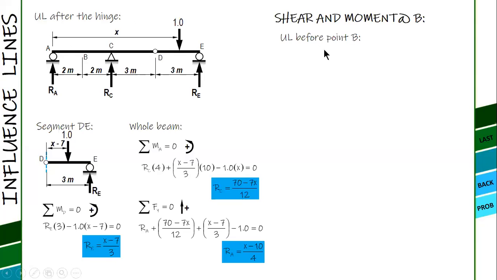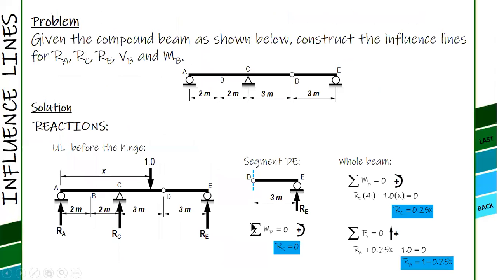Unit load before point B. Cut there, and then another unit load at a distance x. Shear, and then moment. This is your RA, no? This RA is valid when the unit load is before the hinge.